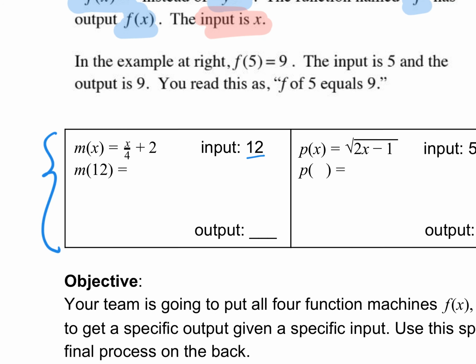So if the input is 12, I'm going to write m of 12 is equal to 12 over 4 plus 2. And then following our order of operations, we're going to work out this division first. 12 over 4 is 3. 3 plus 2 is 5. So m of 12 is equal to 5. Our output is 5.